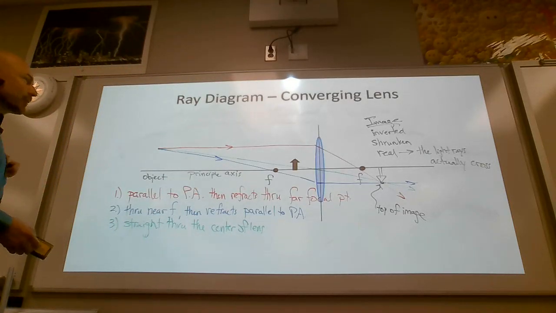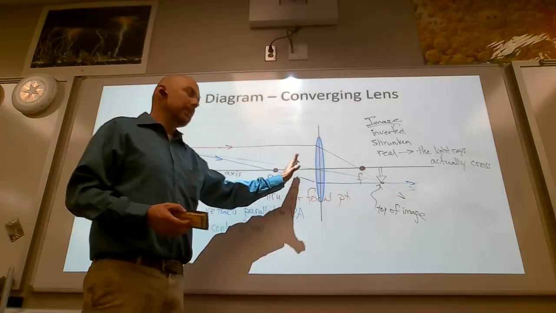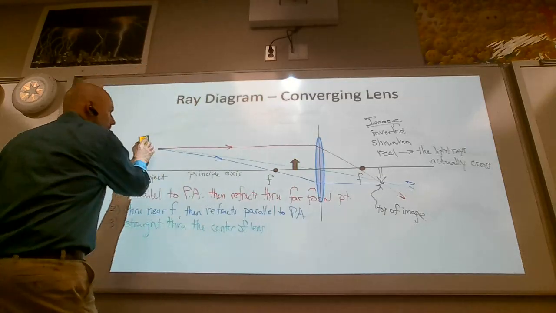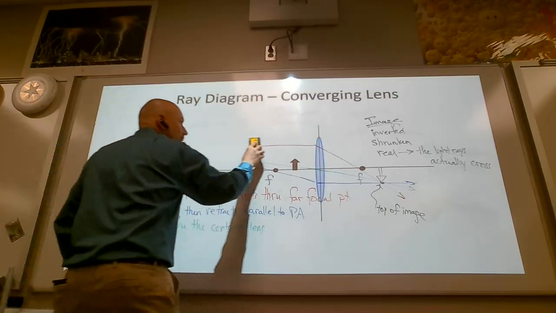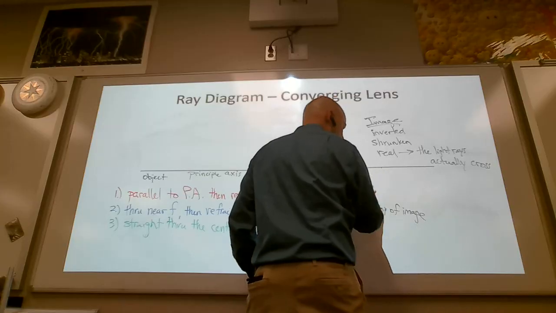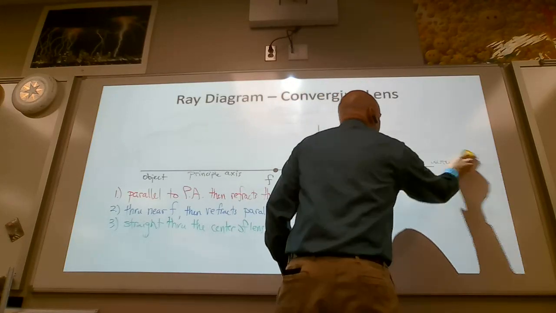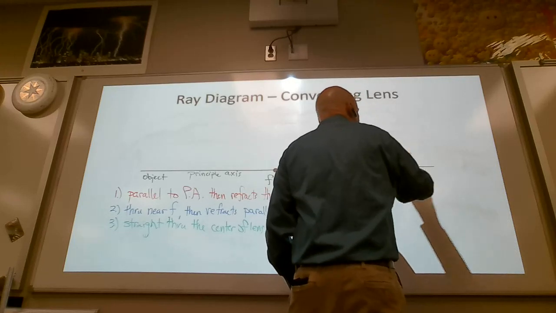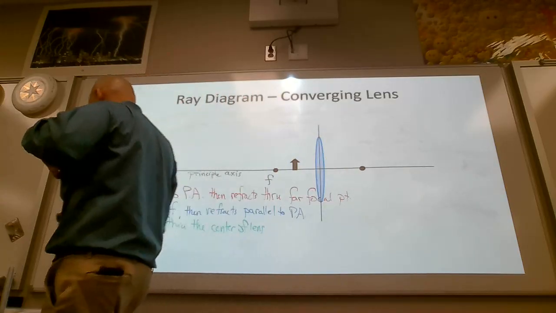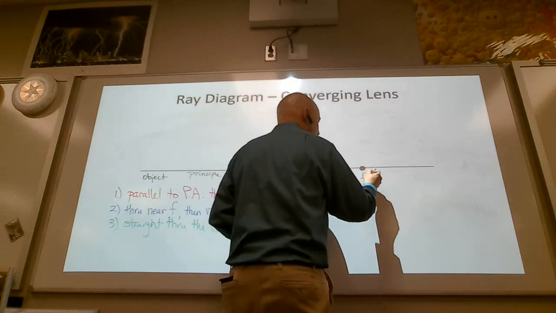All right. So now we're still going to use a converging lens, but we're going to move the object in front of the focal point. Okay, so again, if you're drawing this on your notes, make sure that the focal lengths are equal.